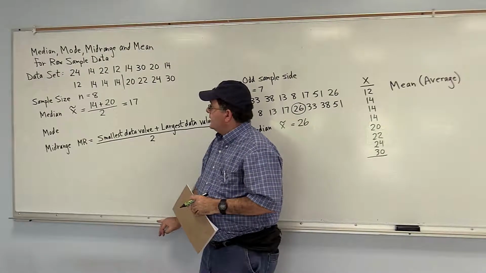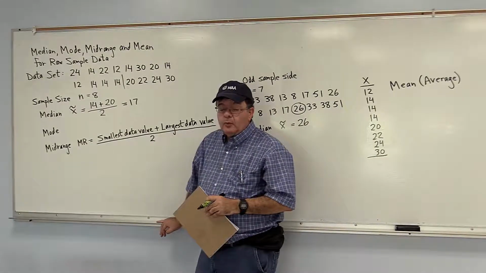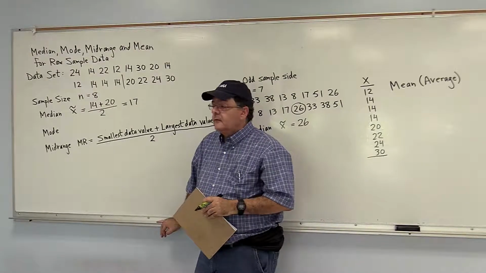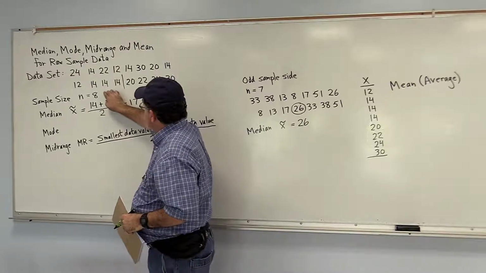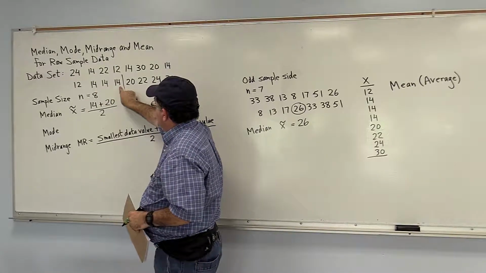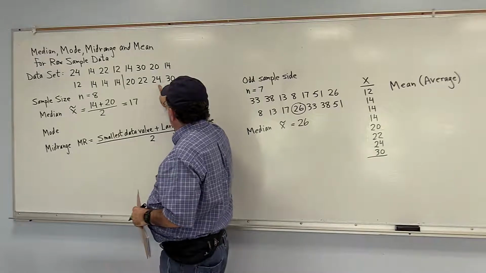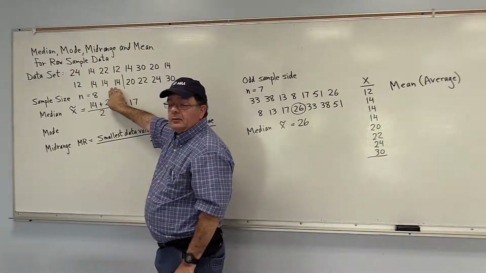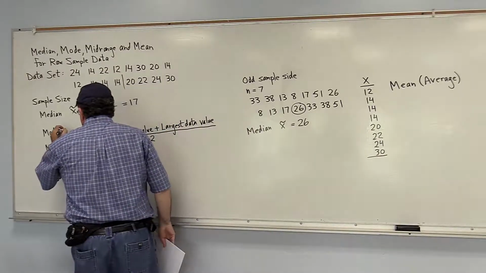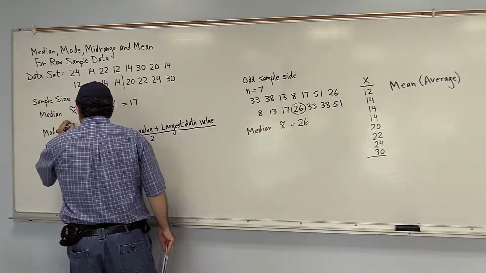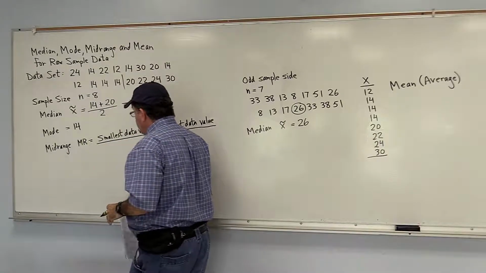And if the mode does exist, there can be more than 1 mode if there's a tie for the highest frequency. But here we can easily see that 14 occurs 3 times and no other piece of data occurs more than once. So 14 is the clear winner here. It occurs most often. So our mode is equal to 14.